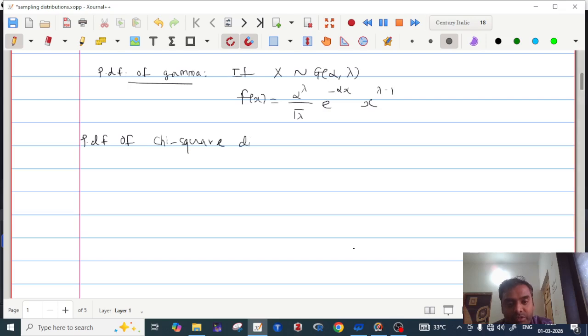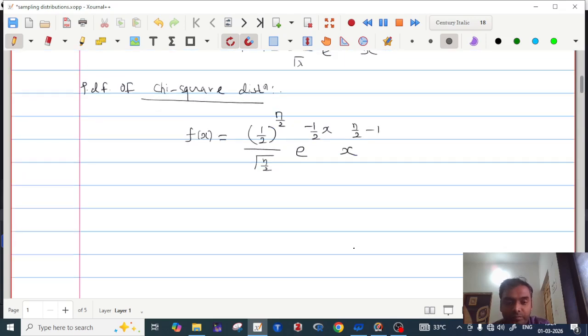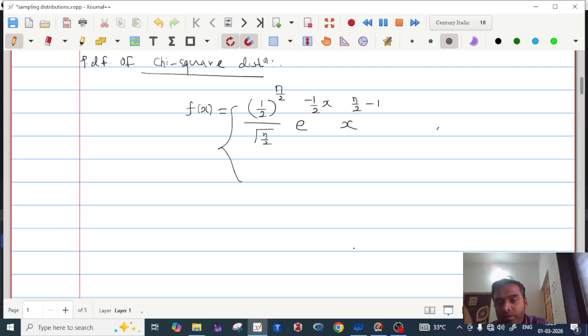PDF of chi-square distribution. So its PDF will be f of x, instead of alpha take 1 by 2, e raised to minus x by 2, x raised to n by 2 minus 1. Here n is positive, x is also greater than 0.